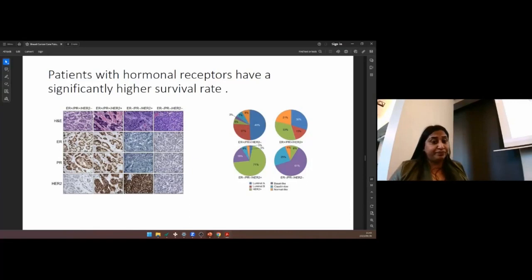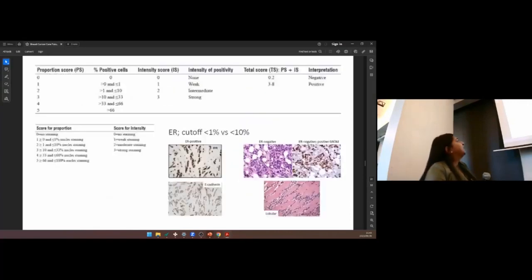Okay, so when it comes to how we assess the ER status and PR status, we look at proportion and intensity, and we call this the Allred score. We give it an intensity out of 3, with 3 being a strong diffuse staining, and a proportion score out of 5, and then we get a total score out of 8, and obviously these scores are put down into the report.